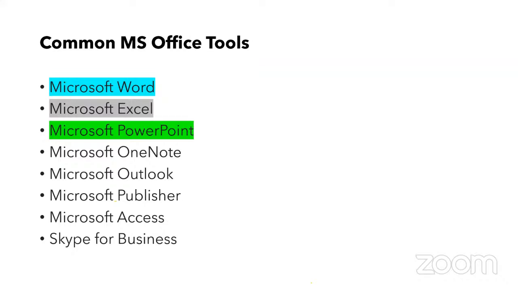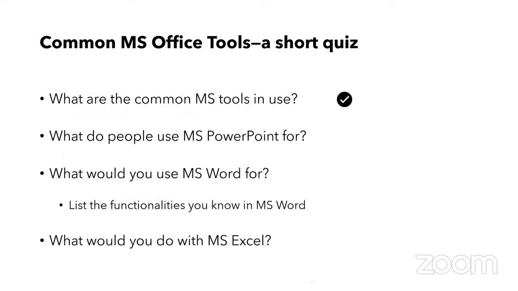For the purpose of our discussion tonight, academic writing, most importantly, people would use Microsoft Word, Microsoft Excel, and Microsoft PowerPoint. Out of all the many Microsoft Office packages, these three that I've highlighted are very much relevant to academic writing. And we'll see in a bit what people do with them.